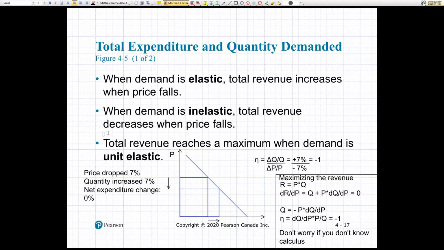Unit elasticity means that eta goes to 1. So a 1% change in price is reflected by a 1% change in quantity demanded. If you divide one by the other, you get 1.